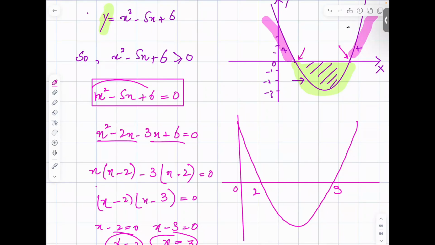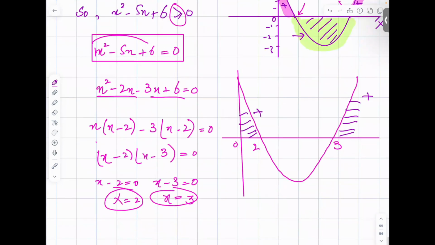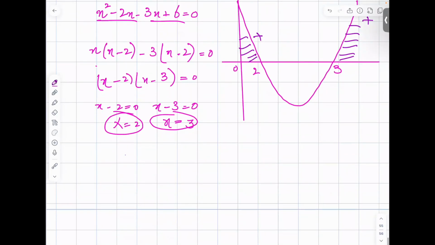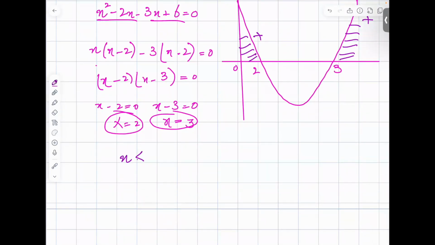Let this be 0. Now we're looking for the portion of the graph where the graph is above the x-axis, right? So it's above the x-axis, or positive, before 2 and after 3. So my final answer for this would be x is less than or equal to 2 and x is greater than or equal to 3, right?